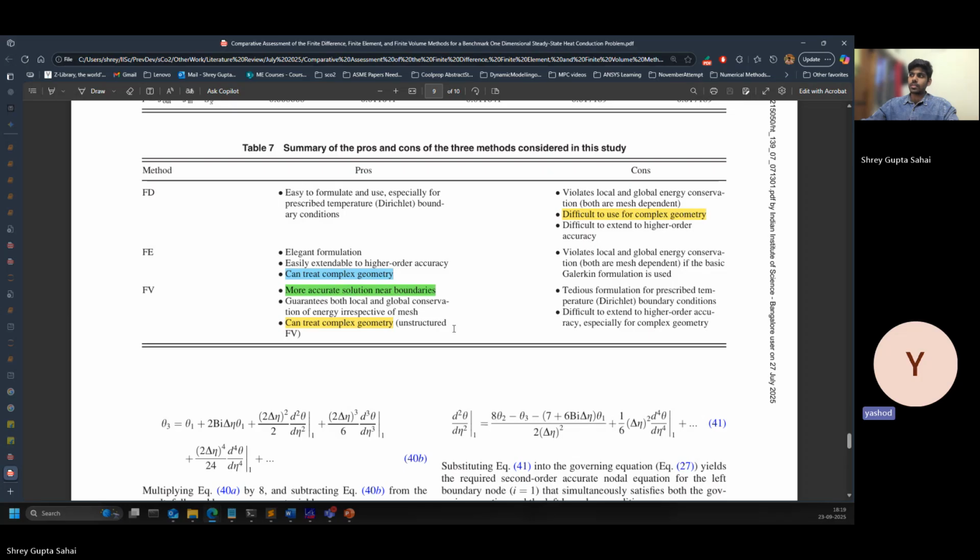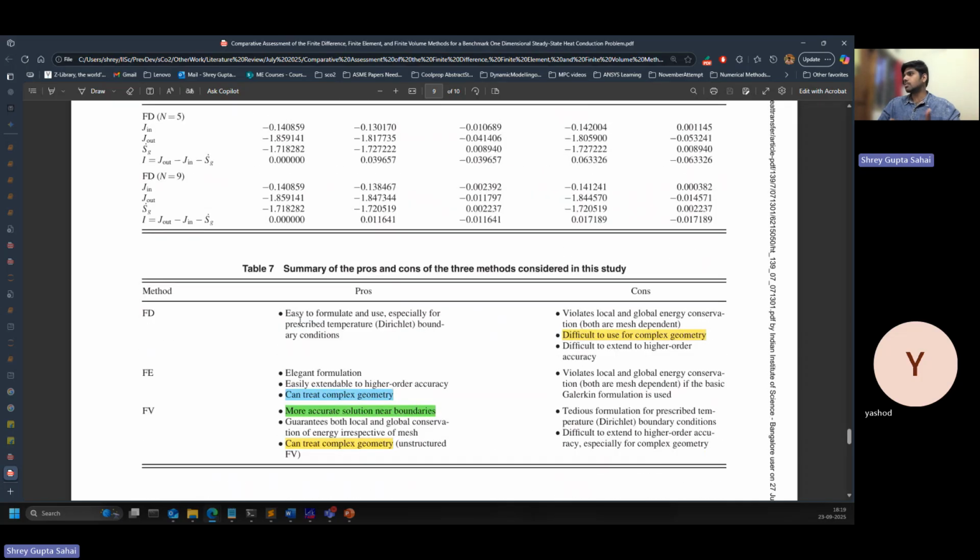So you are telling me that finite difference for complex geometry is not that good an option. Let's quickly go through this before I come back to you. I think this would actually help.